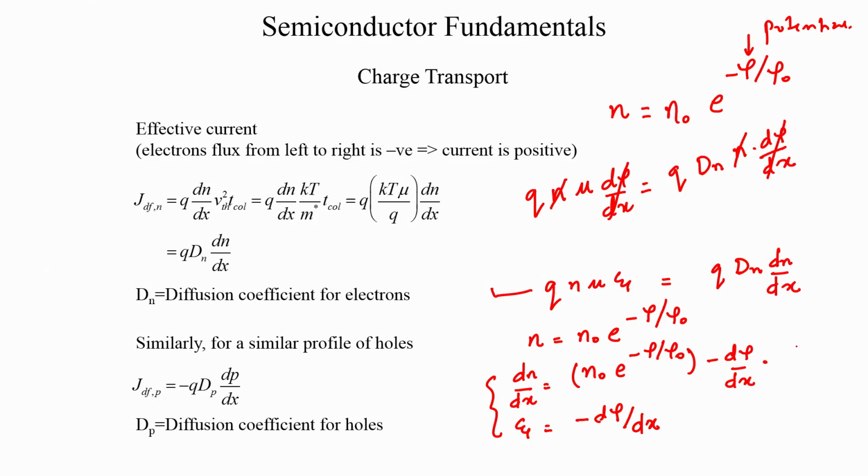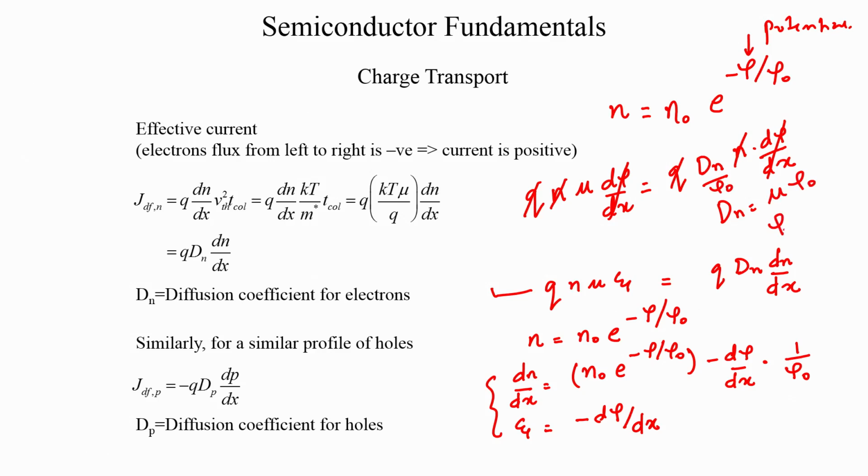And sorry, I missed out a 1 by phi naught term here. Okay. So, you take into account the 1 by phi naught. So, you end up with D being equal to mu into phi naught.